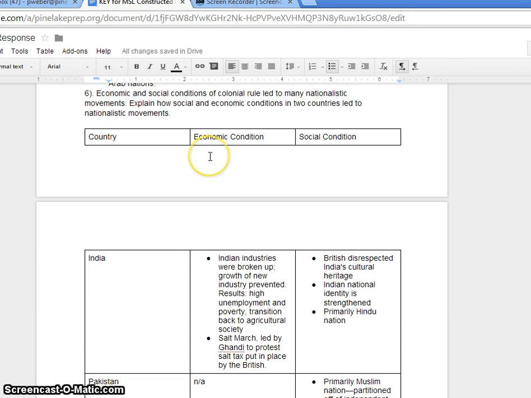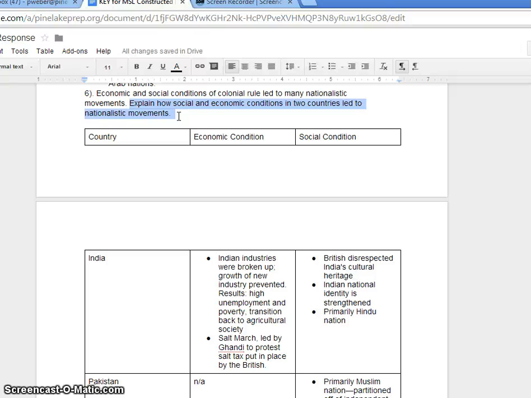Next, this number 6 question. This says, economic and social conditions of colonial rule led to many nationalistic movements. Explain how social and economic conditions in 2 countries led to nationalistic movements. So social means conditions in the society. Economic means things related to the economy, trade, etc. And then in 2 countries that led to nationalistic movements.